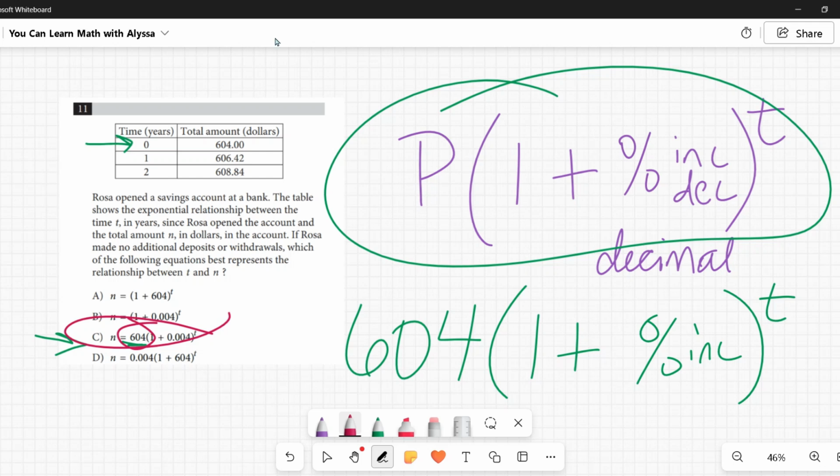If you do not have that information, you would probably be stuck plugging these numbers into these different equations and seeing which one gets you those answers, which is a valid way to do it. If you forget this, that's a good backup, but it's much quicker and less stressful if you can just remember this equation and know that C is the only one that has our principal out in front. C must be our answer.